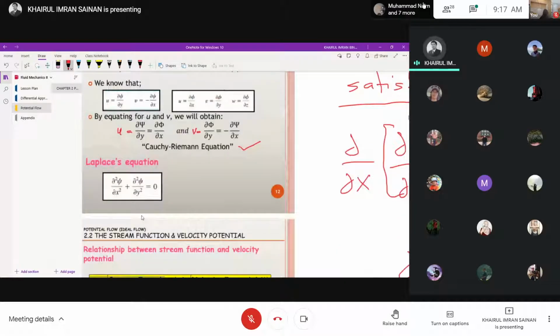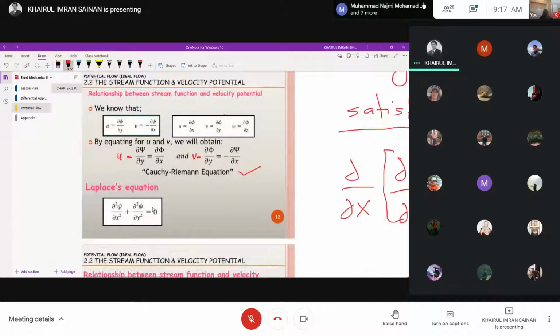Okay. Next is the Laplace equation. For the Laplace equation, you have del squared psi over del x squared plus del squared psi over del y squared equals 0. So this is the Laplace equation for the stream function, for psi. How we determine this is basically we use the zeta equation, right? From zeta, which is del v over del x, remember, minus del u over del y equals 0.